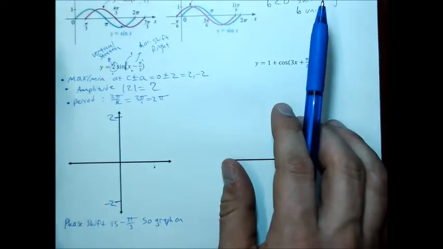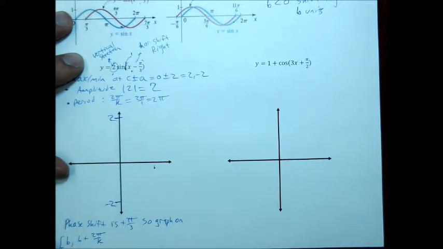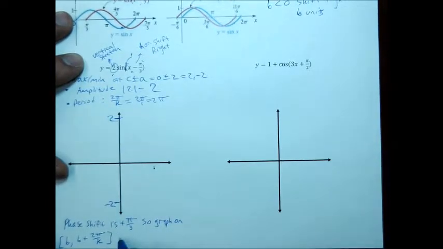So we want to graph on, the phase shift is pi over 3, so we want to graph from b to b plus 2 pi over k. And so that's going to be from pi over 3 to pi over 3 plus 2 pi.